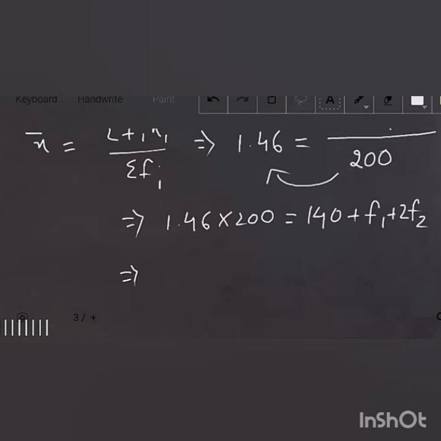As we multiply by 200, this becomes 146 into 2, since the decimal point moves two places to the right. 146 into 2 is 292. So 292 equals 140 plus f1 plus 2f2.